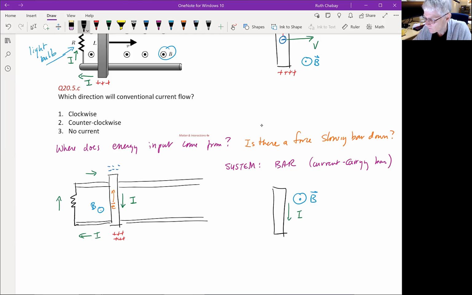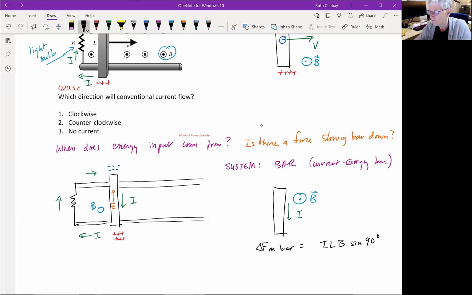So the force on the bar is going to be the conventional current times the length of the bar times the magnetic field times sine of 90 degrees. And so there is a magnetic force on this current carrying bar because we've got a current in a magnetic field. And let's think about the direction.